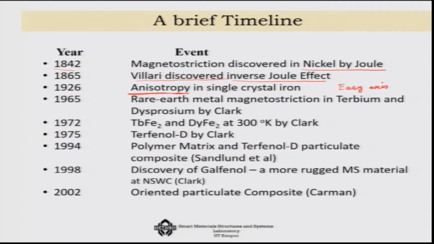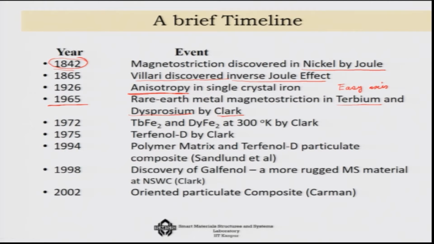And then, I was telling you that as late as 1965, imagine that in 1842 the effect was discovered, but as late as 1965 people first found out that if you use terbium or dysprosium, you will see a much larger effect of magnetostriction. This was discovered by Clark at the Naval Ordnance Laboratory of USA.